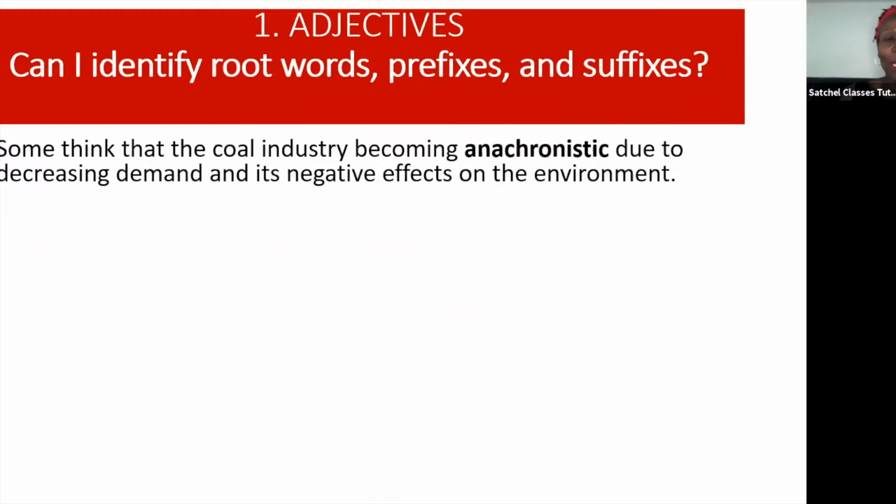Here it talks about how some people think the coal industry is becoming anachronistic due to decreasing demand and negative effects on the environment. So anachronistic, it's a strange word, it's unfamiliar, but that adjective, if you think about chronos being about time, ana or against time, so it's not in time, it's against time, it's out of time or out of step with modern society.